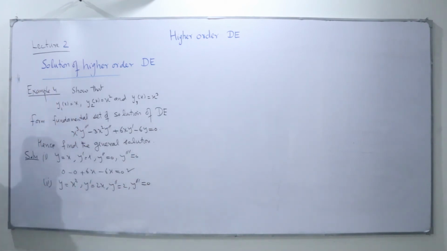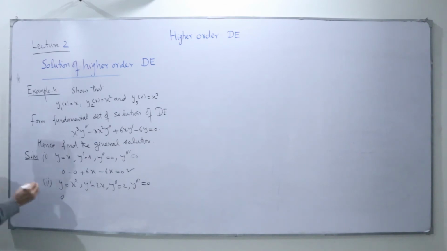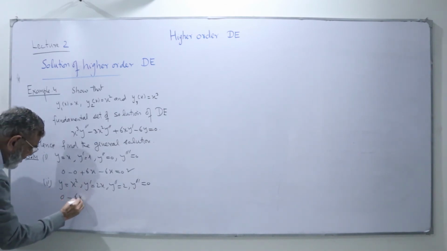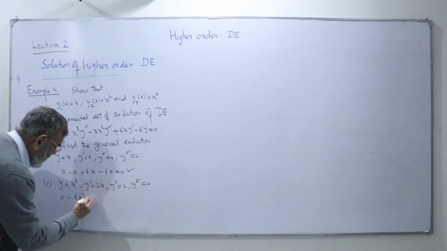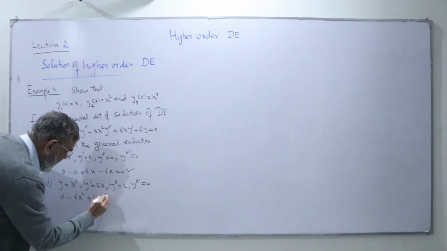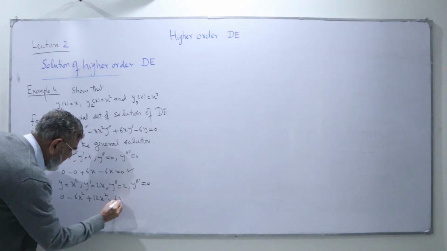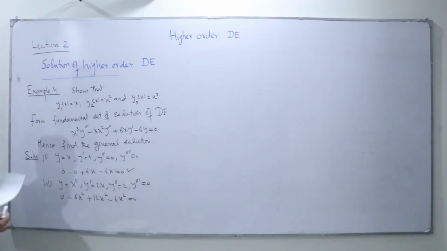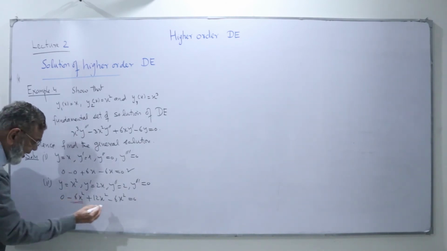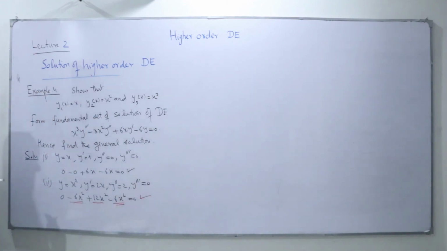Substituting in my differential equation, I get 0, then y double dash is 2, so we get minus 6x squared, then y dash is 2x, so we get plus 12x squared, and then minus y dash gives minus 6x. So we have 6x squared equal to 0. We can see the value here is minus 6x squared, and here minus 6x squared, and this one is plus, so it is also correct. This is a solution.